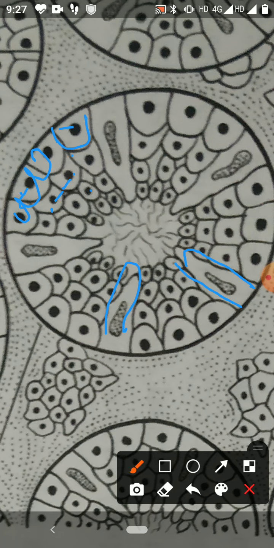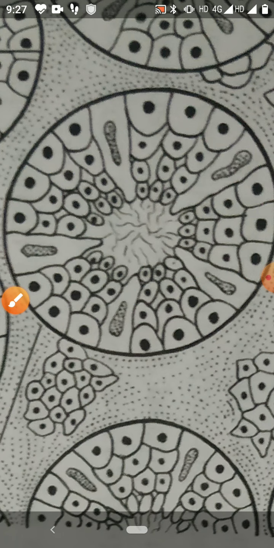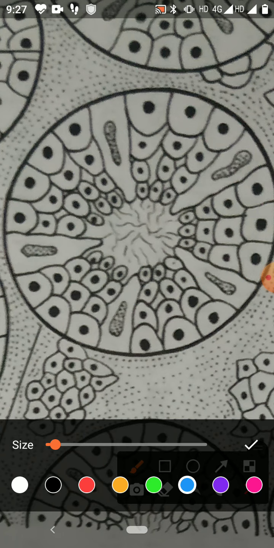So these germinal epithelial cells undergo repeated mitotic division, producing a large number of spermatogonia. These are the Sertoli cells. These Sertoli cells are the nurse cells. These cells provide nutrition to the developing spermatids.